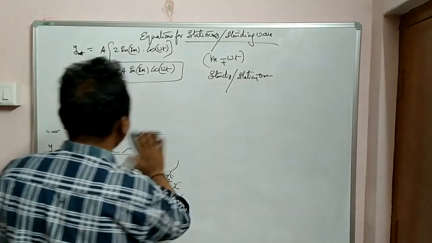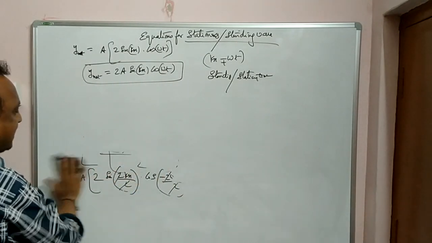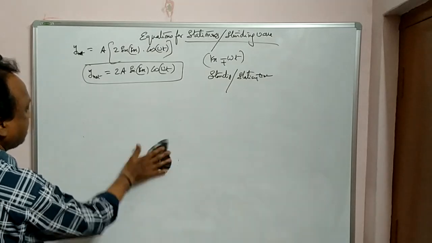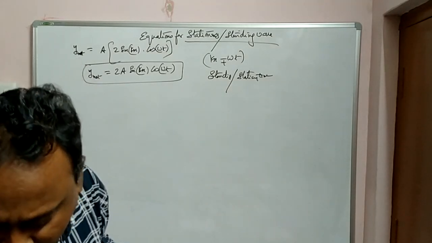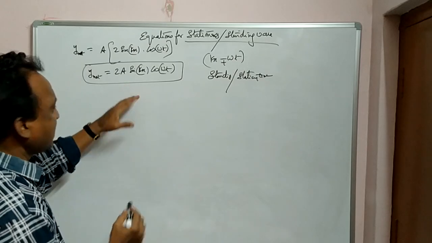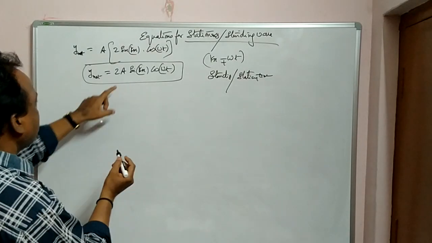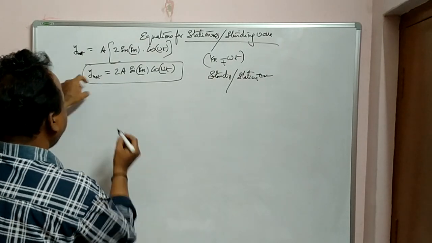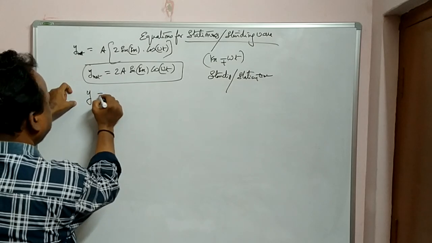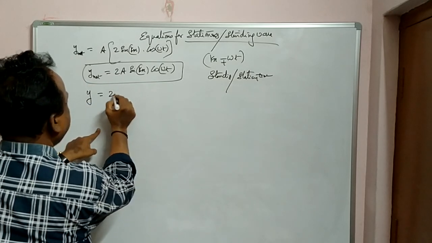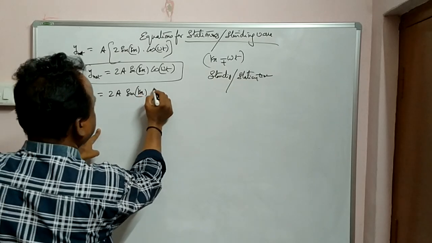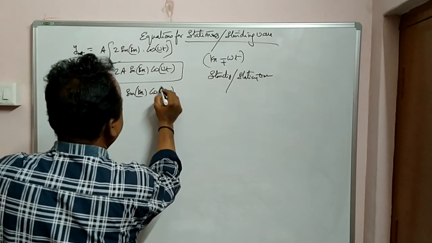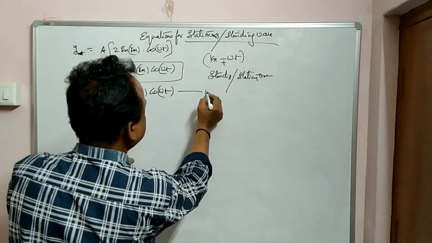Very, very important. Now, you can also understand this equation in different forms. Stationary wave equations in any form, that also you have to understand. The stationary wave can be in different forms. See, this is the original equation. The same equation I can write in a different form. 2a sin kx cos omega t. This is one form.